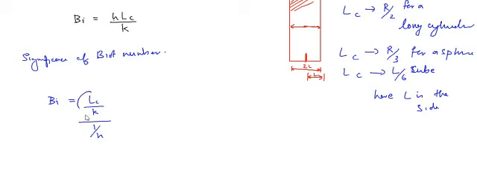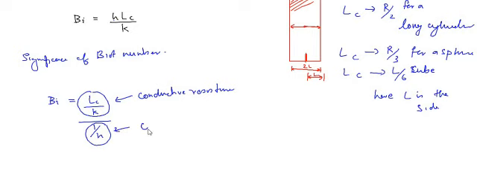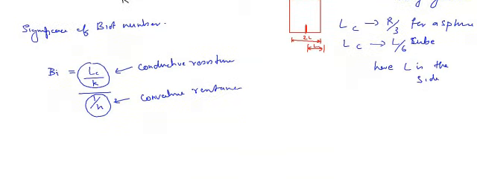Now what is this? L by k is the conductive resistance, and 1 by h is the convective resistance. So L by k is conductive resistance and 1 by h is convective resistance.